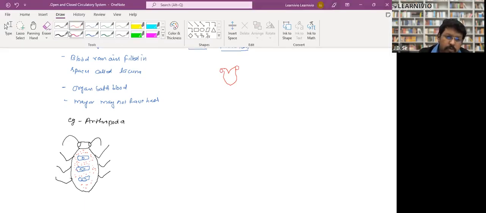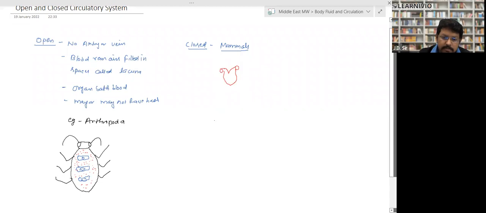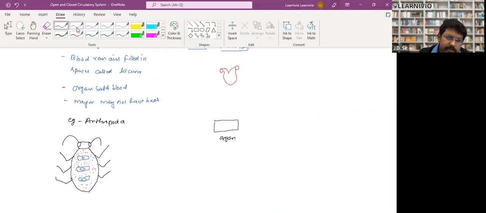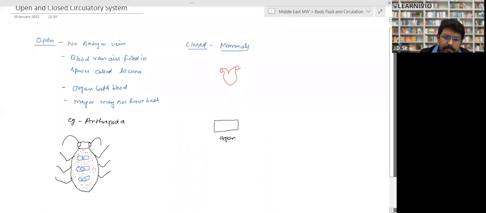For example, this is some organ or tissue, and there will be certain blood vessels called arteries. So what will the artery do? Arteries arise from the heart, and they are closed vessels. These arteries carry oxygenated blood, right? So O2 or oxygenated blood.